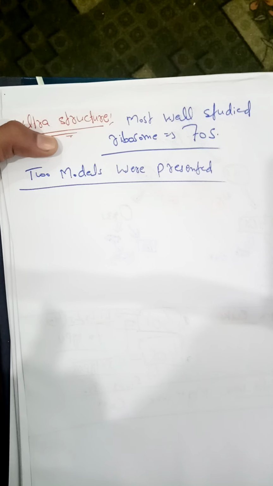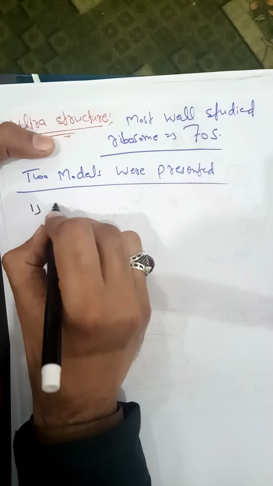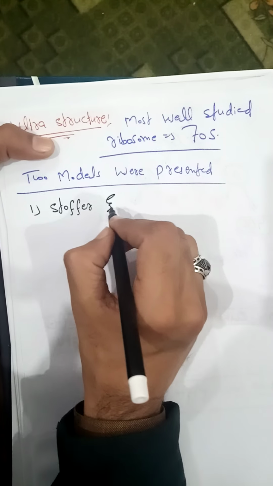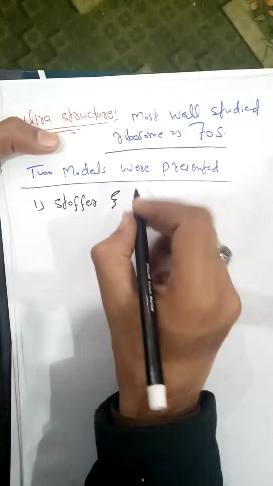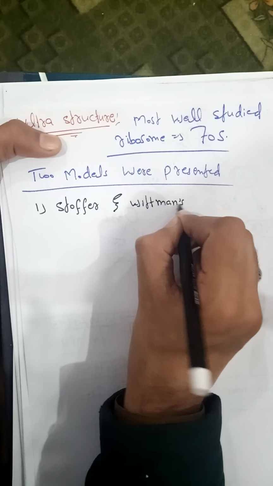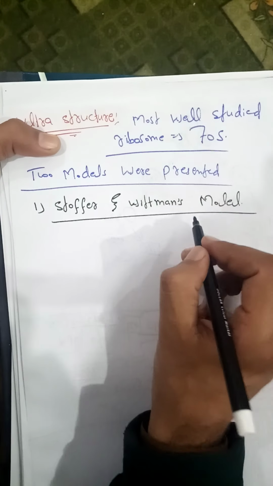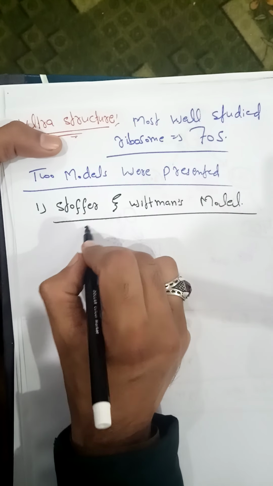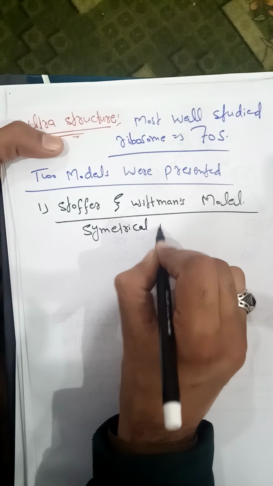The first one is the Stopper and Whitman's model. This model is also called the symmetrical model.